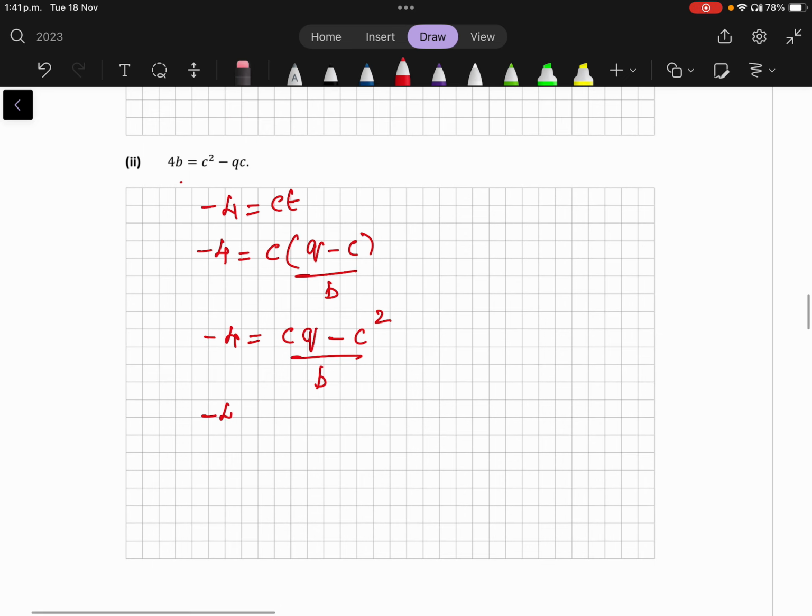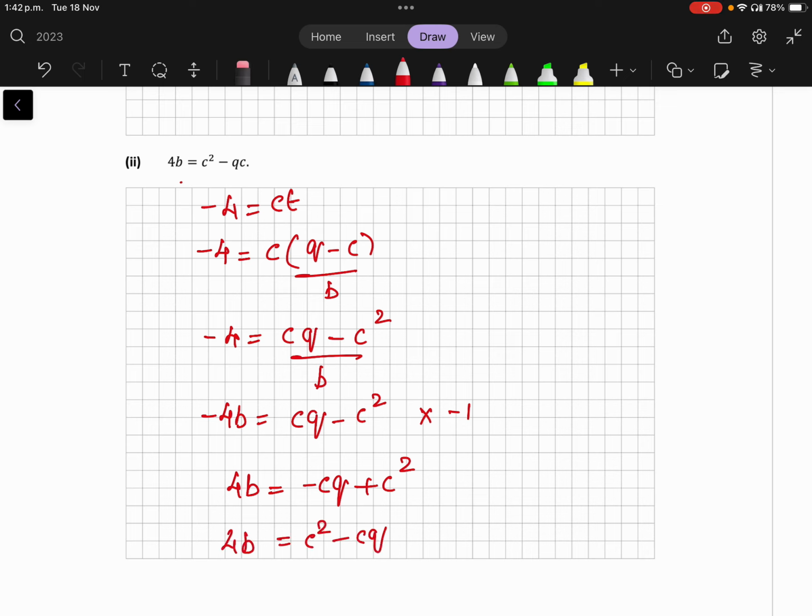Now I can simplify this by cross multiplying. Minus 4b is equal to cq minus c square. Now it is similar to the answer, but there's a negative sign, so I multiply all over by minus 1, so that will be 4b equal to minus cq plus c square, or it can be written as c square minus cq. 4b equal to c square minus cq.